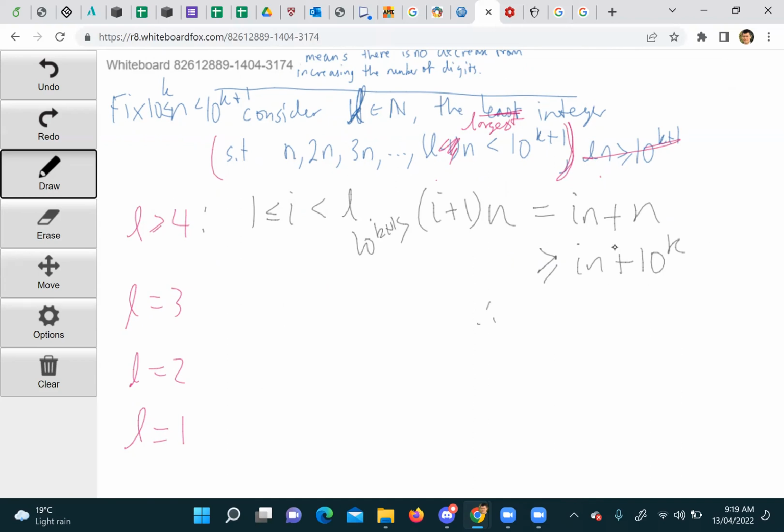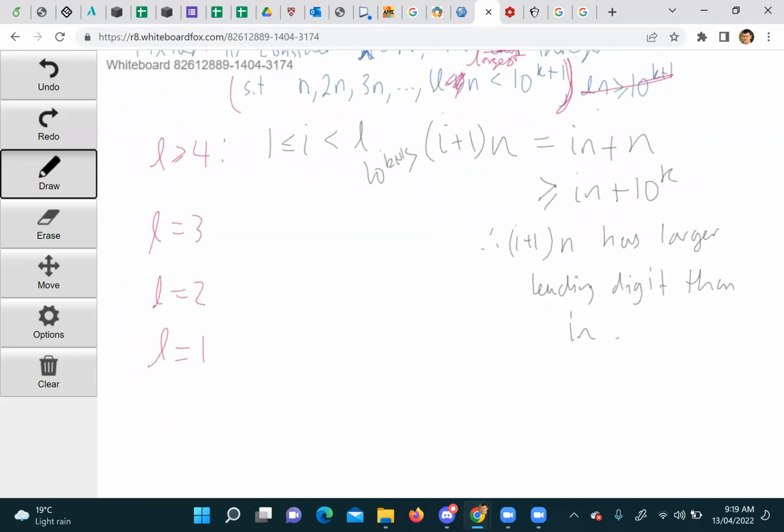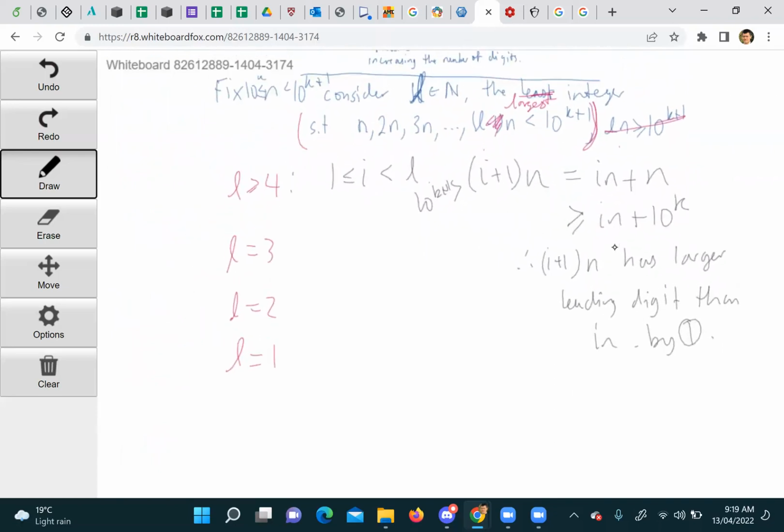So therefore, (i plus 1) n has larger leading digits than in. You can even state this as a lemma, I guess. So that gives you, maybe you can call this lemma 2.